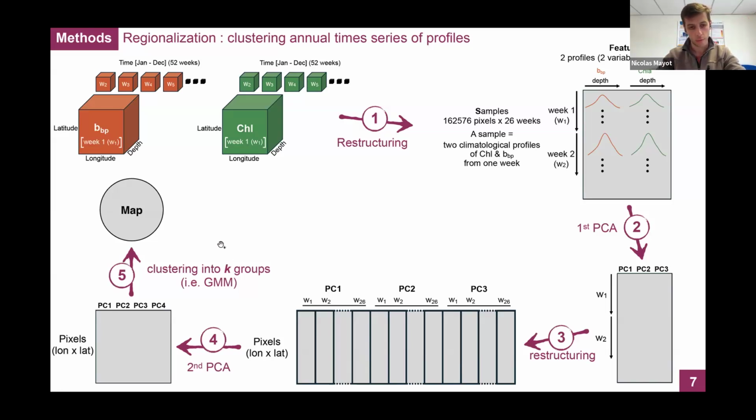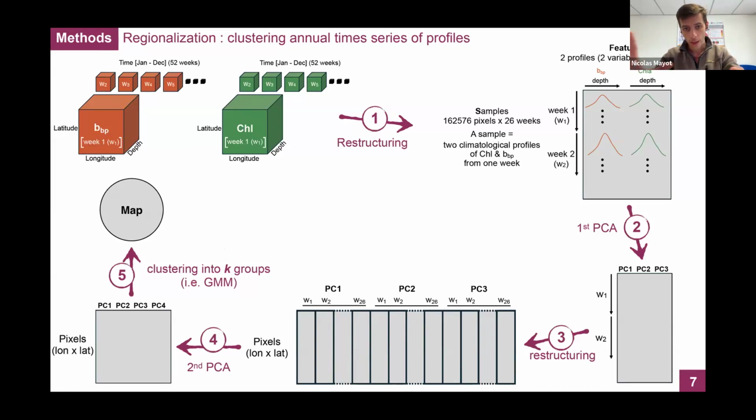For example, here I have chosen 6 groups to, at the end, give me a map of the Southern Ocean. So that's what I'm calling the regionalization of the Southern Ocean based on the phytoplankton phenology, which is represented by this information from chlorophyll and BBP. So I hope it's clear enough for everyone.